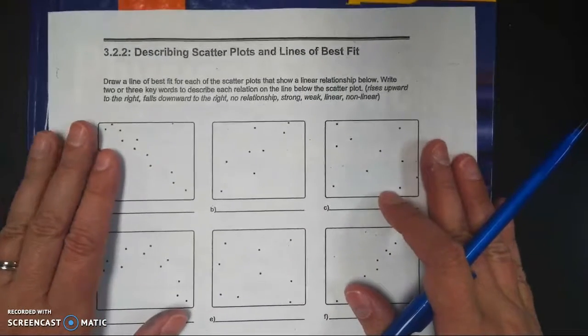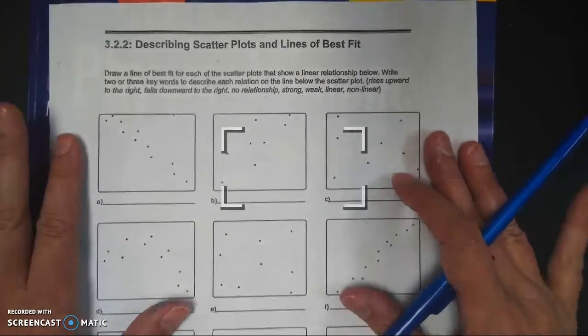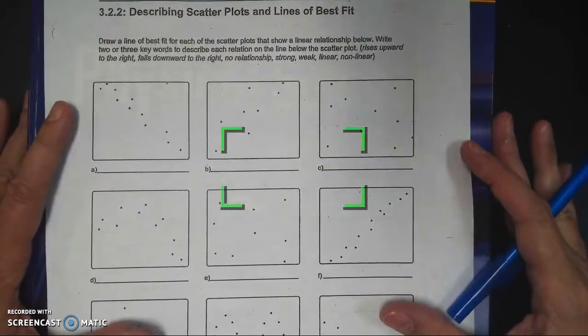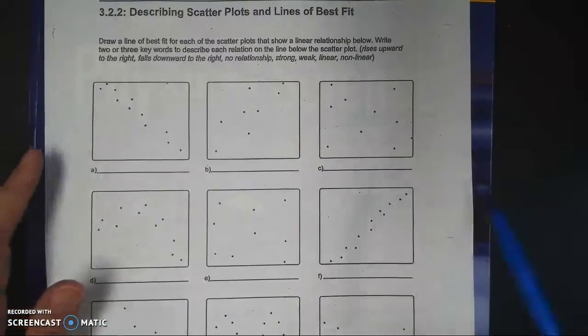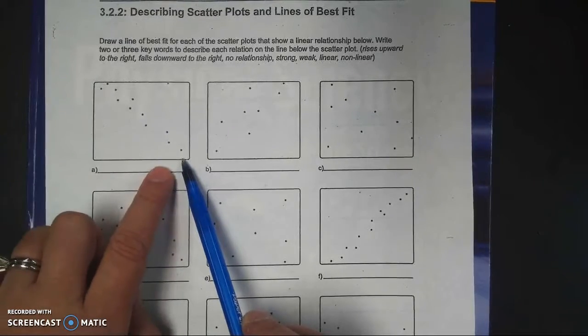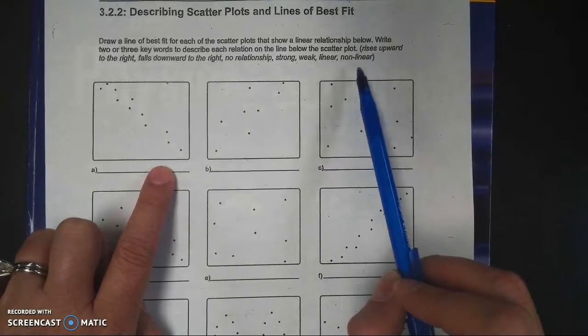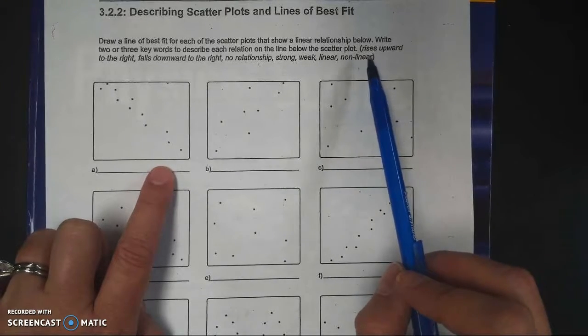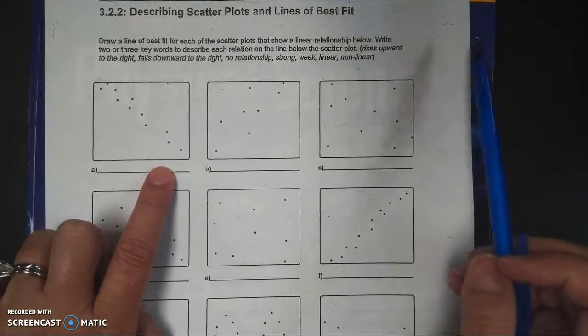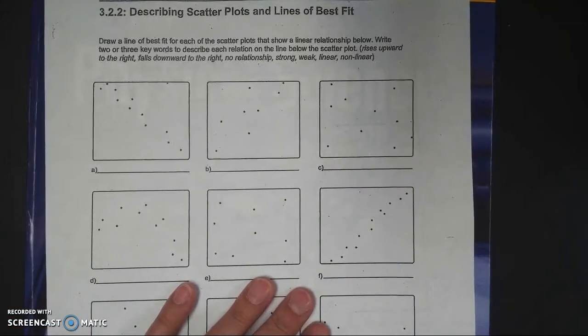On the other side of this page, you have some independent practice here for recognizing correlations. And these are the types of problems that you're going to have on the quiz. You're going to be given a graphical model here, or a scatter plot, and you're going to be asked to describe it based on whether it's linear, nonlinear, positive correlation, negative correlation, strong correlation, or weak correlation.